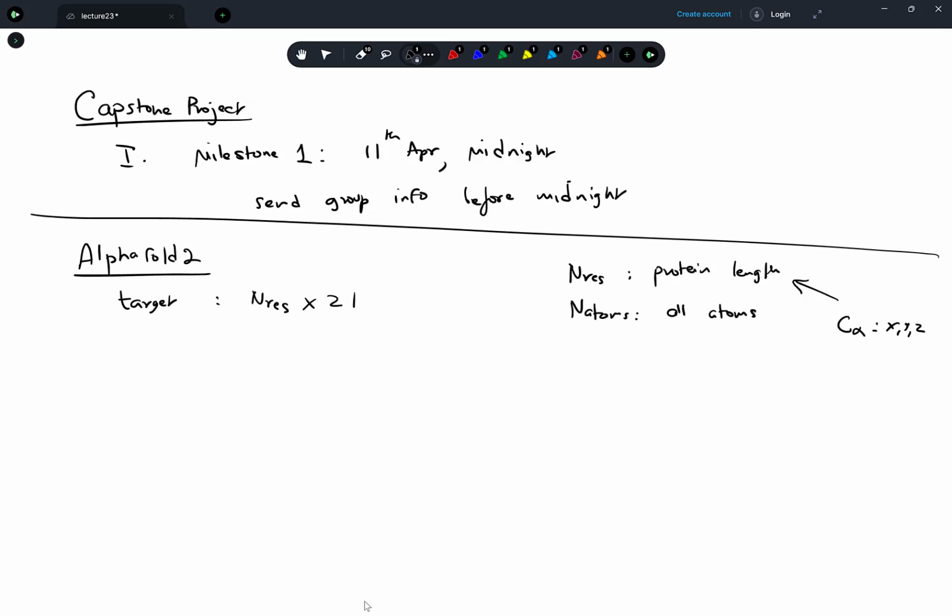So that's exactly the length of the protein, and that's the final output.